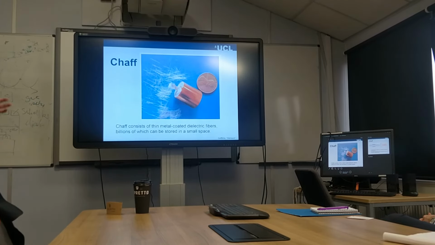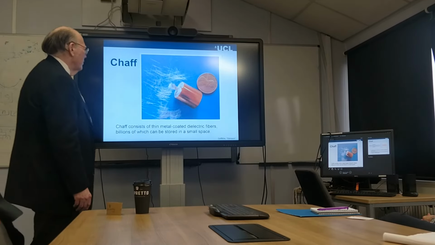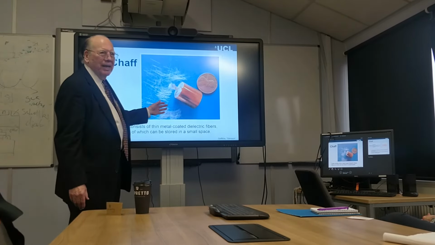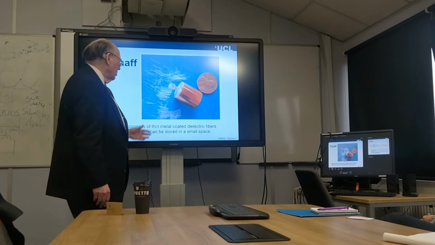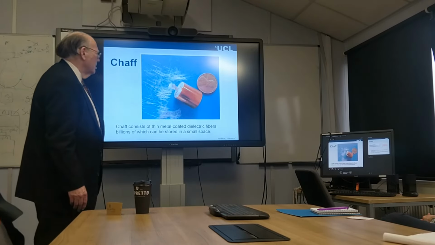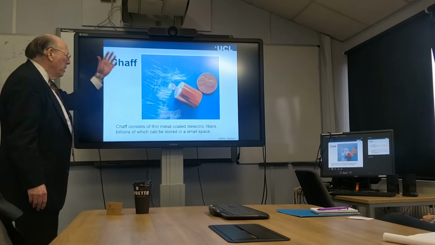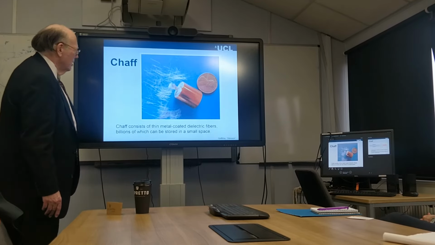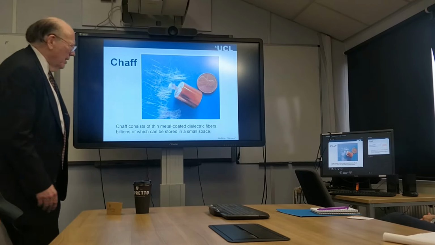In those days, it was just aluminum or tinfoil cut in strips, with strips about the length of the wavelength of the radar so that it was resonant. Modern chaff is much more sophisticated, and uses metal-coated fibers, billions of little fibers in a chaff cartridge.